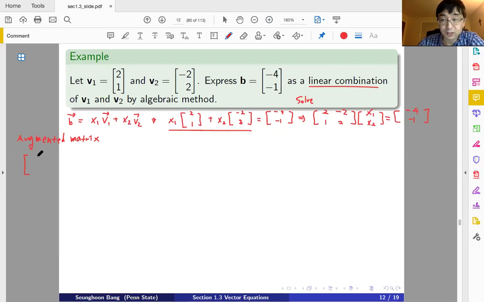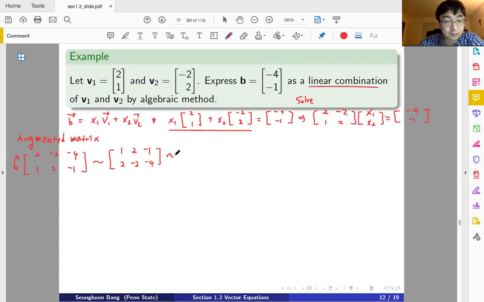You keep the first column 2, 1, the second column -2, 2, and b, which is -4, -1. Next step: I want to interchange the first row and second row. The first row has 2, the second row has 1. You can interchange them to get echelon form. So we have 1, 2, -1, and 2, -2, -4.